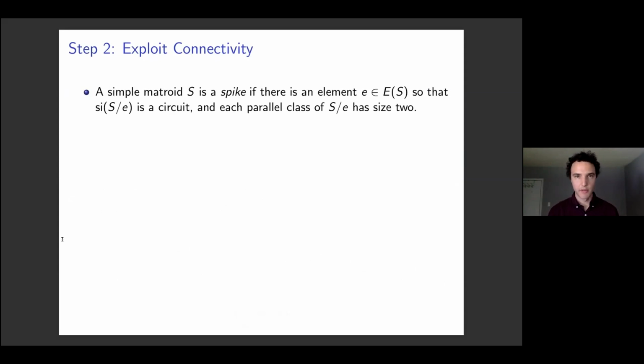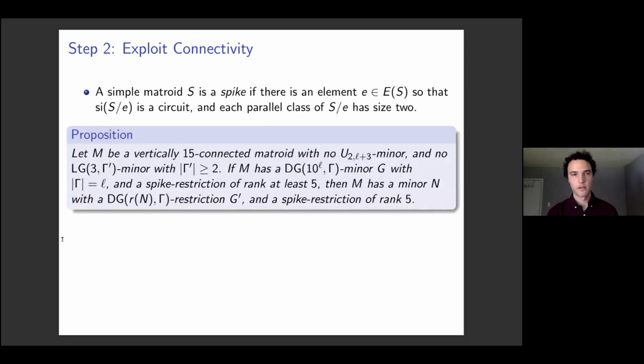So we've now reduced the proof to this following proposition. Okay, we have some vertically 15 connected matroid, which excludes the length L plus 3 line as a minor, and excludes all rank 3 lift geometries over non-trivial groups as minors.